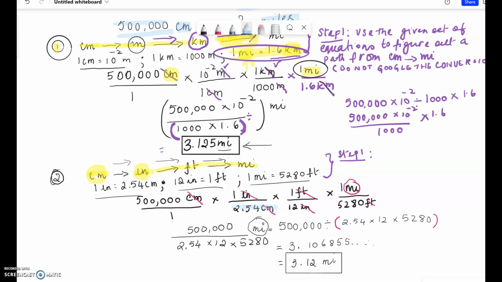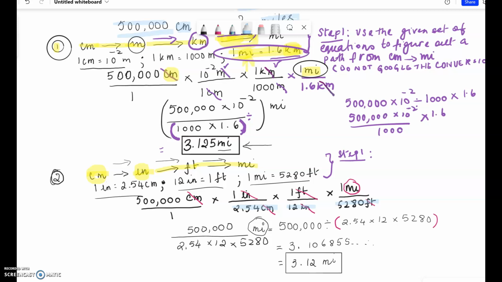So that way the centimeters cancel. Next, 1 foot is 12 inches. The 12 inches sits in the denominator, so we cancel the inches. 1 mile is 5,280 feet. So the 5,280 feet sits in the denominator, so we cancel the feet with the feet.